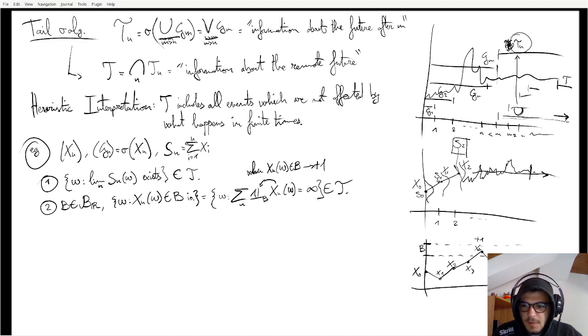Maybe it goes outside, but in the long term, when we consider the entire history of the process, considering an infinite span of time, the number of times, so here 1, here 2, and so on, we sum all of them, and this sum goes to infinity, which can only happen if we consider the tail sigma algebra, I think.